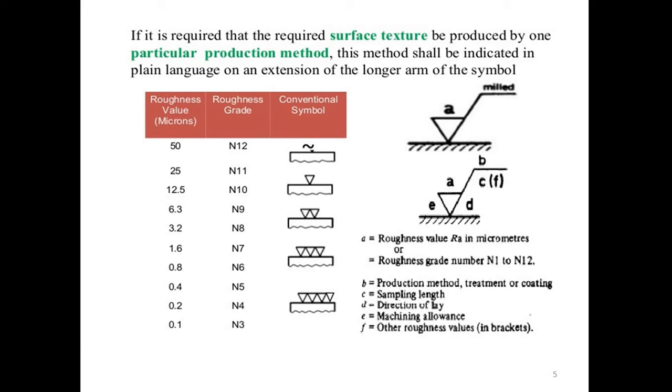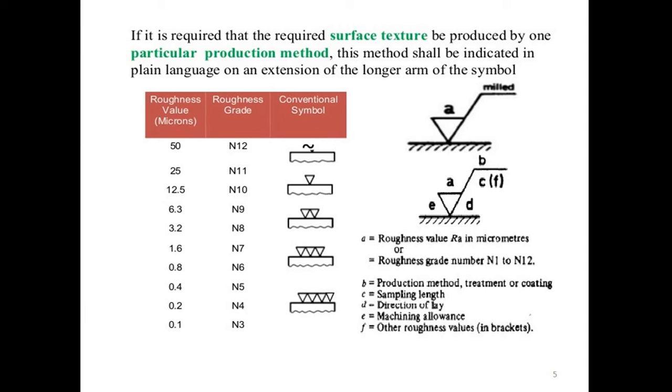Normally Ra values are given, but in some cases grade values are given. If Ra 3.2 is there, instead of Ra 3.2 in some drawings, you observe that grade value is there, that is N8 will be written on that.